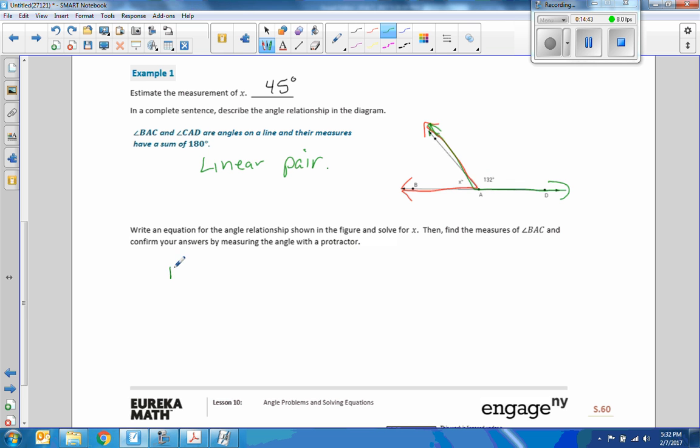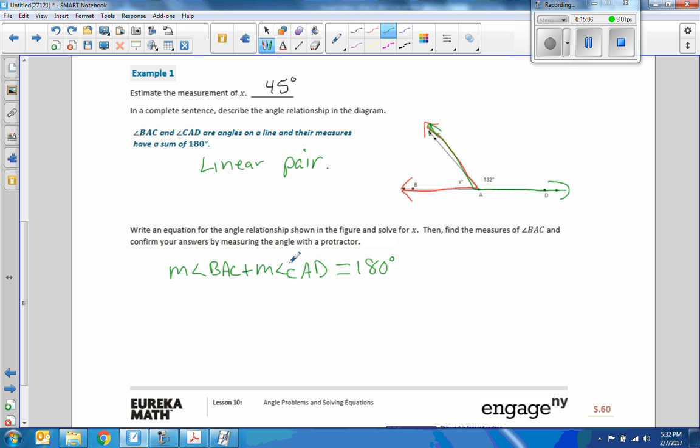The first thing I would say is the measure of angle BAC plus measure of angle CAD equals 180 degrees.